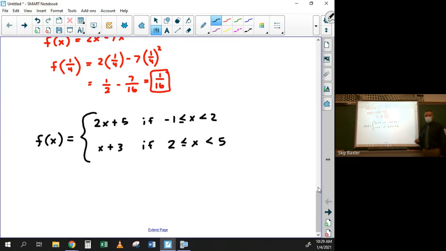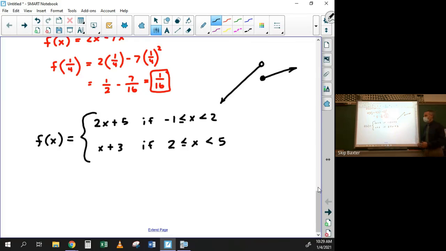Does that make sense? If you were to graph this piecewise function, it looks like a line of slope 2 and then a line of slope 1. So maybe it looks something like this.